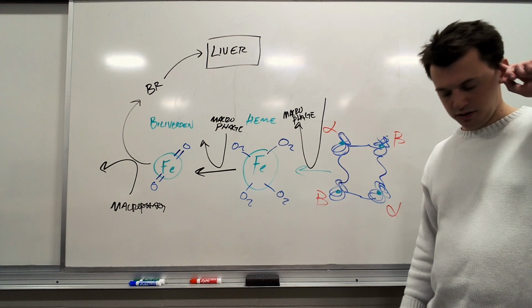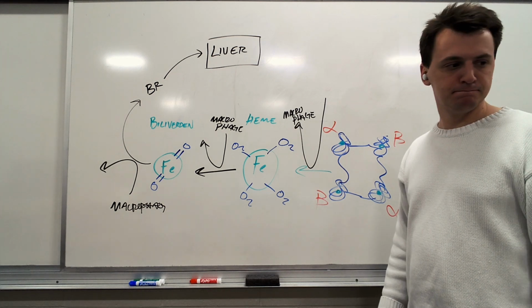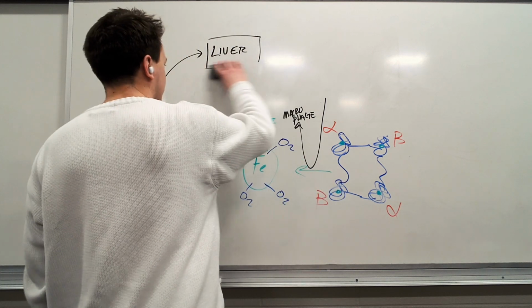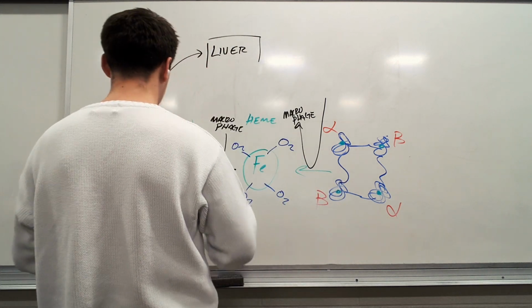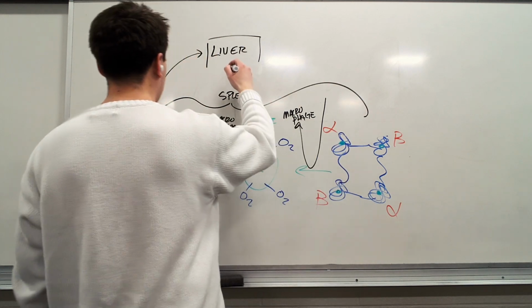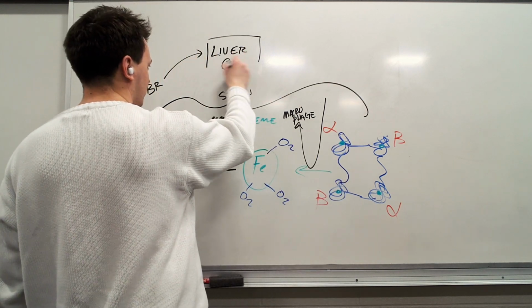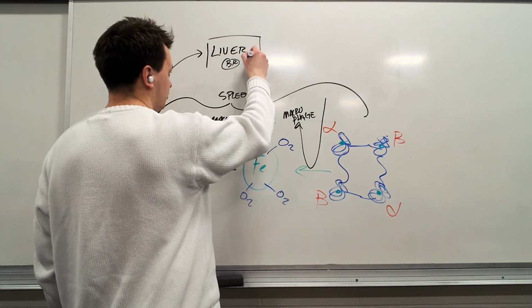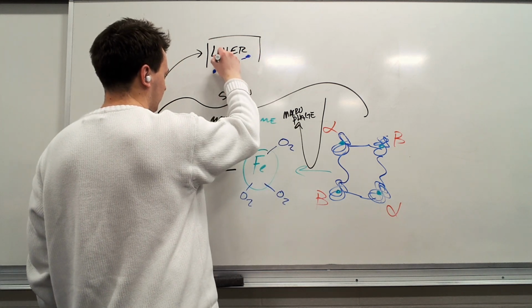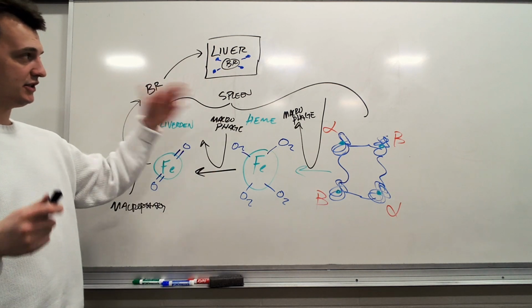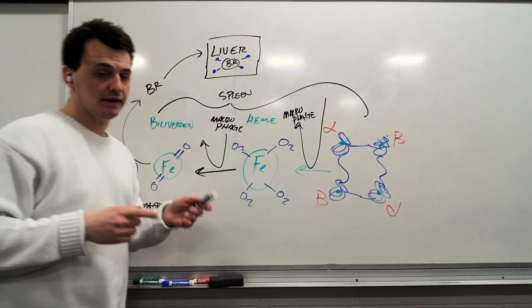And so the main thing that happens to it in the liver from the spleen, again, this right here is all happening in the spleen. We have the bilirubin molecule, and it will actually begin to attach to sugar molecules. We all love sugar, and so does bilirubin. Bilirubin attaches to the sugar. That's the point of it being in the liver.